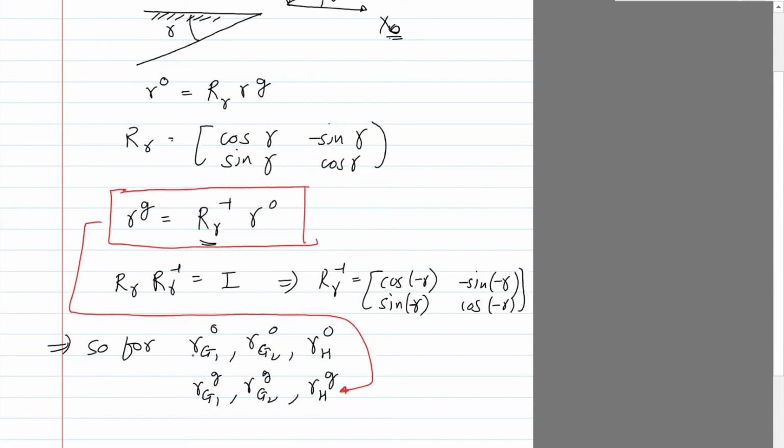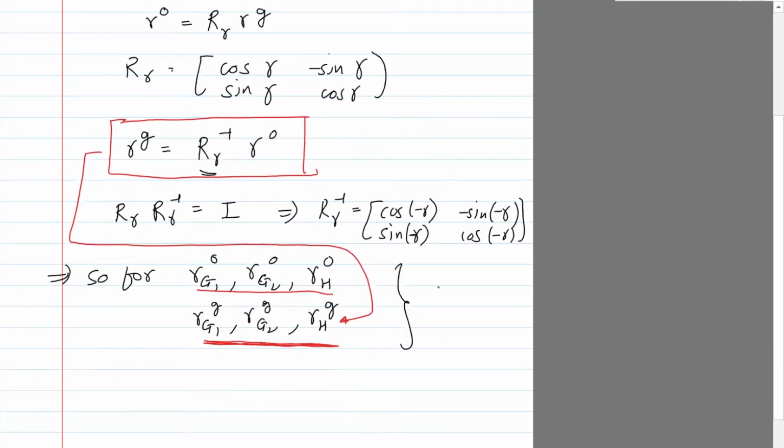Once we have the first items, we can find the second ones in frame G using this transformation. So this means we've got all the positions required in the Euler Lagrange formulation.